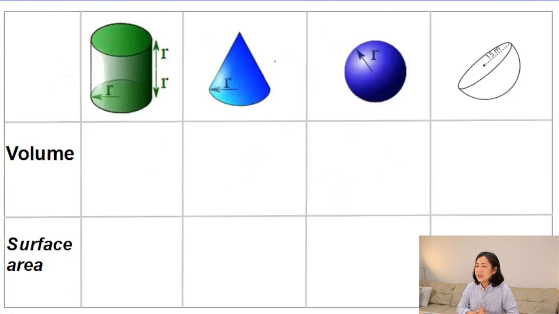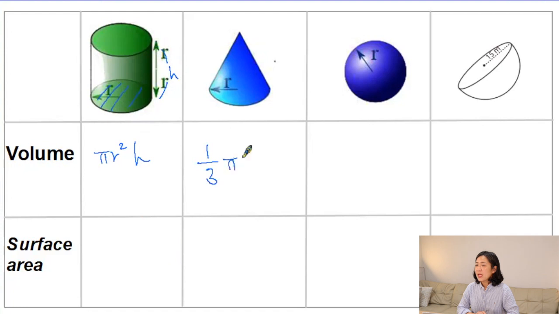Now let's organize all our formulas here. So we've got a cylinder, cone, sphere, and hemisphere. Let's talk about the volume of all these 4 shapes. First of all, base times height, pi r squared times h, will be the volume of the cylinder, and then the cone is always 1/3 of the cylinder, right?